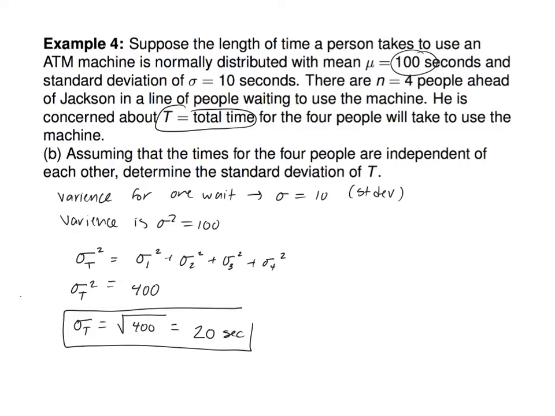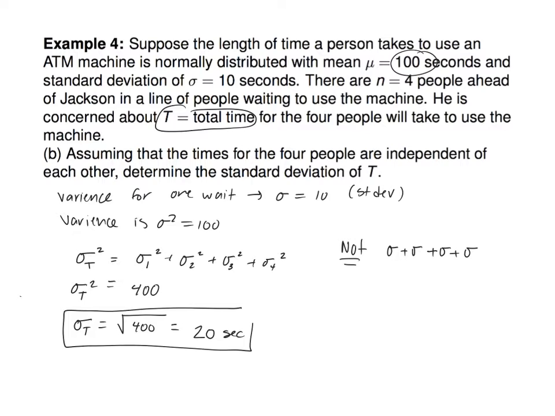One thing to point out is that it's not sigma plus sigma plus sigma plus sigma. You can't get the standard deviation of this linear combination by adding the other standard deviations, because that would have been 10 plus 10 plus 10 plus 10, which is 40. To find the standard deviation, you have to go back to variance and then take the square root.